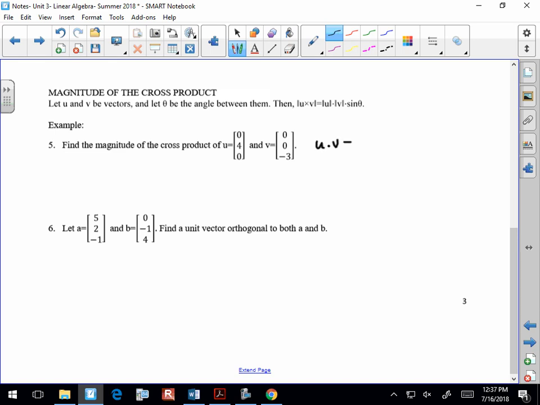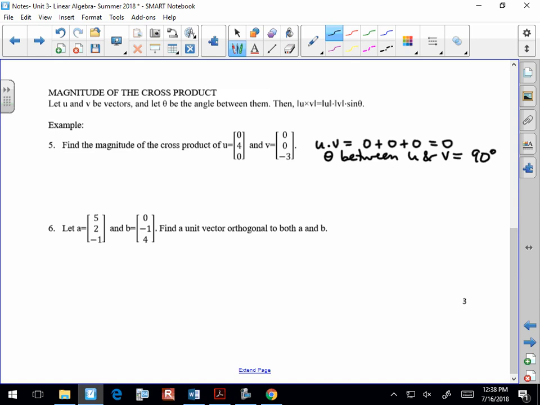A good, quick place to start, u dot v. Because if the dot product between two vectors is equal to 0, what do we know about those two vectors? They're orthogonal to one another. So the angle between u and v is equal to 90 degrees.